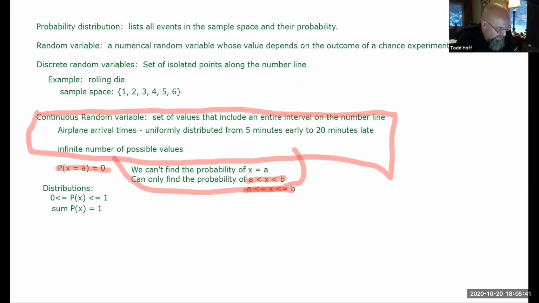So let's look at this distribution here. The main way we approach a continuous random variable is using an area model. So for this, what we defined here, that arrival times are uniformly distributed from 5 minutes early to 20 minutes late, we're going to go ahead and set up a number line here.